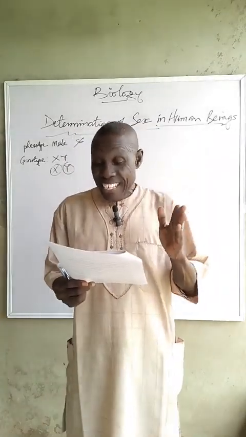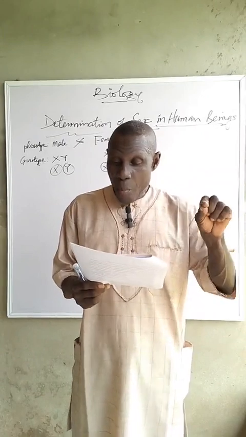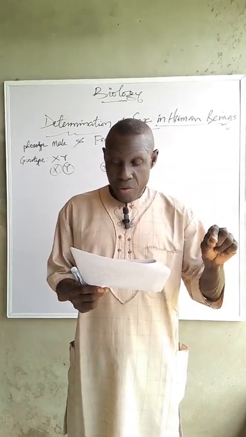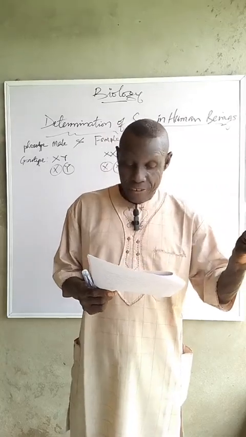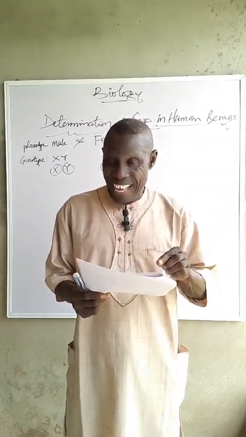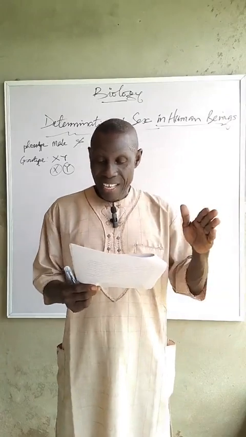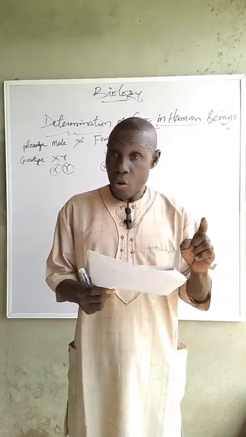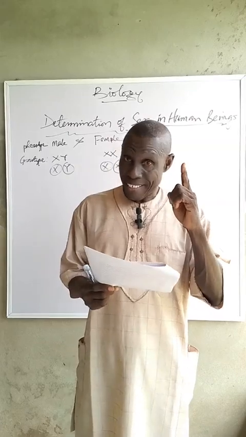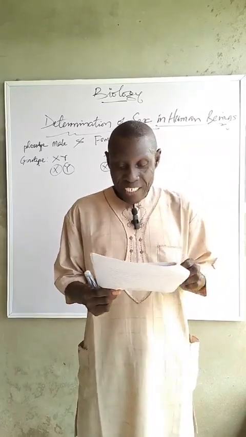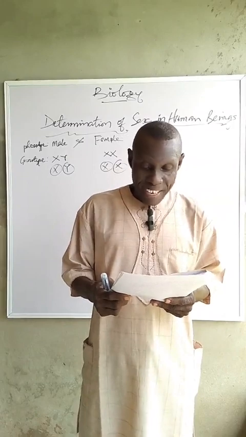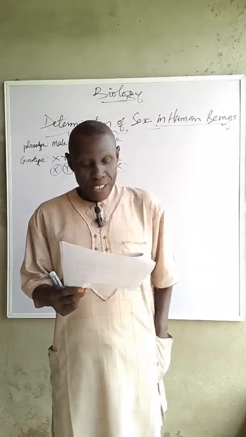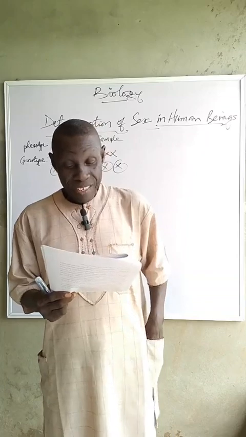So after fertilization, the combination of an egg with a sperm carrying either a Y or an X chromosome occurs by chance. By chance. So the chances of an egg combining with either of the two types of sperm are equal.